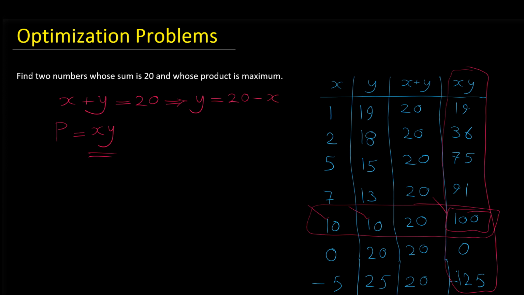Now if we replace y in our product with 20 minus x, the product can be written as x times (20 minus x). If we multiply x in the bracket, we get 20x minus x squared.